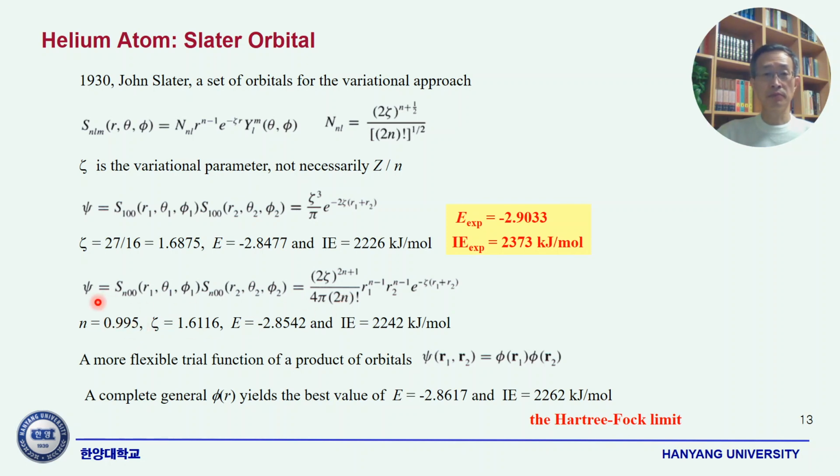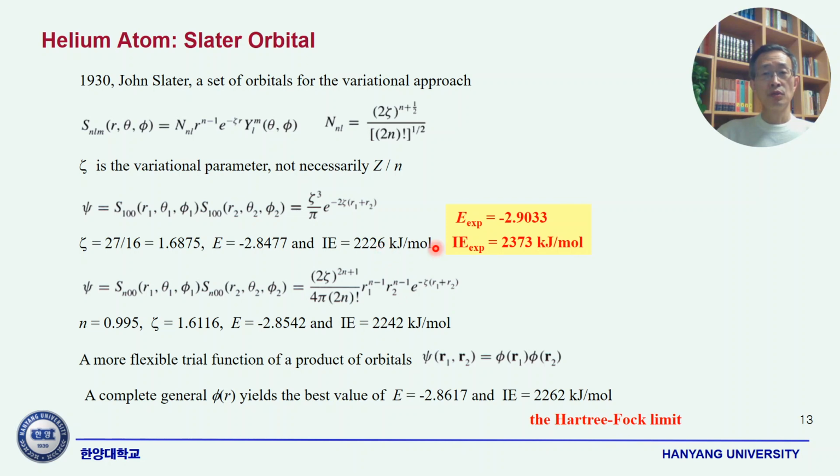So we obtain the variational energy and take the derivative against n and zeta. What you get is these two numbers, and you notice that this is not really the same as before. Your energy in Hartree is minus 2.8542. Then if you subtract this from minus 2, you obtain 0.8542 Hartree, which is in kilojoules per mole 2242.